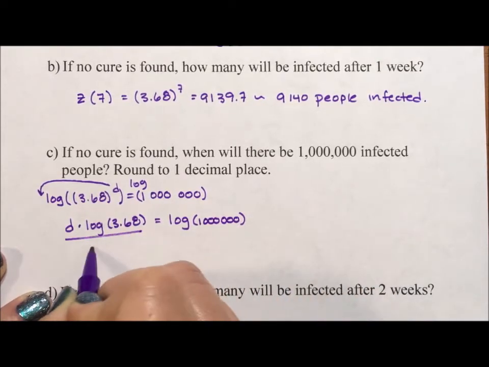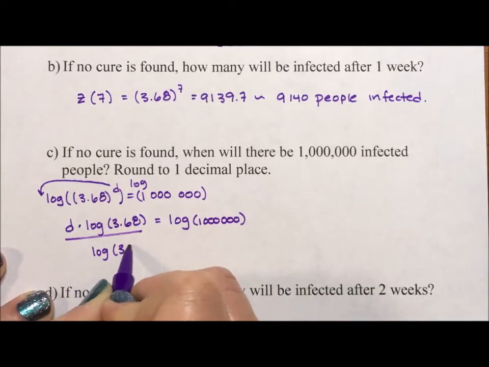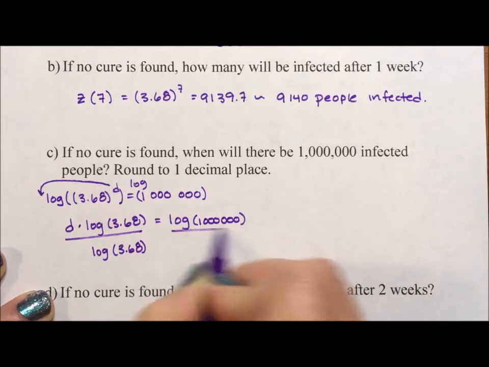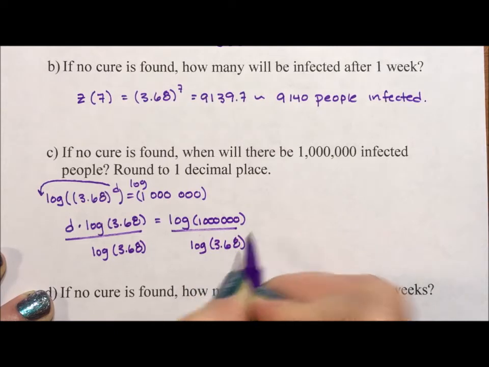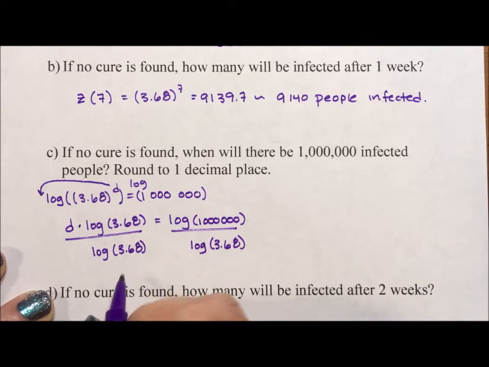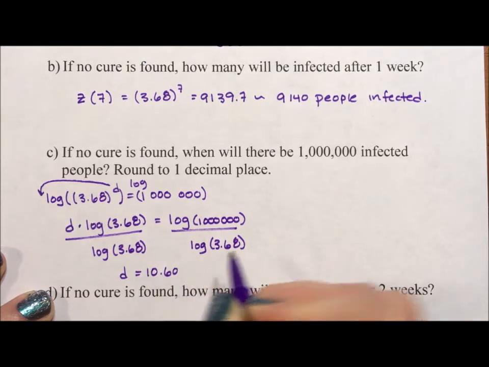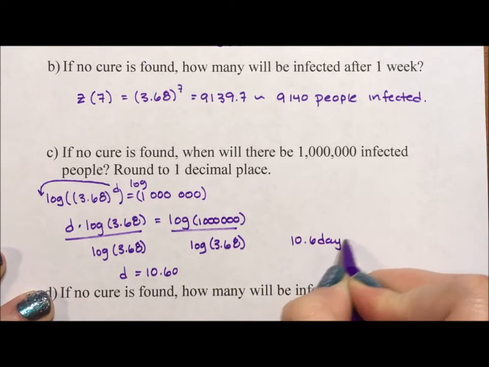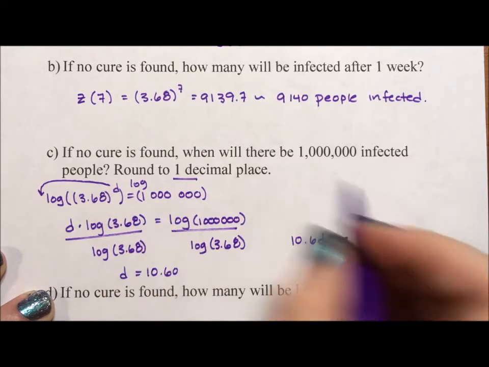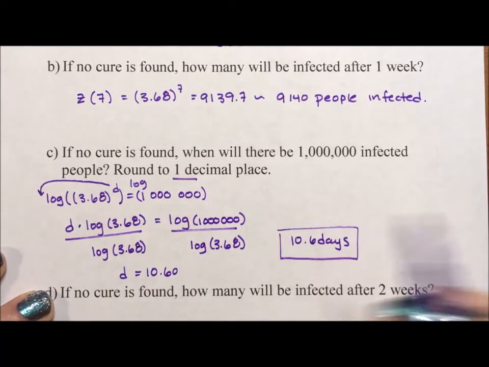And then I can divide by log of 3.68. And when I throw that into my calculator, I get that D is equal to 10.60, which is about 10.6 days. It says round to 1 decimal point, so I'm making sure I follow those rules.